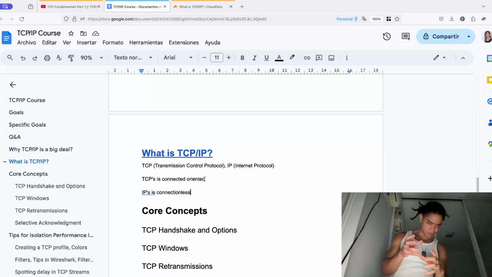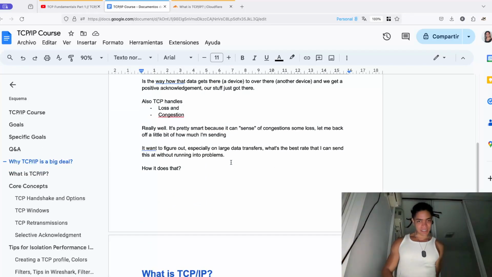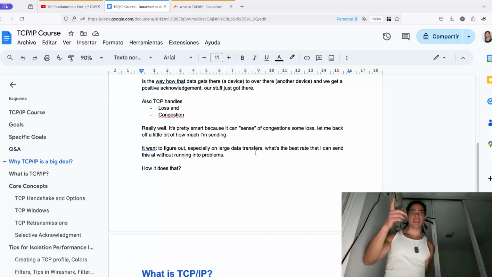So we're starting to develop our sense here of this particular protocol, TCP, which is connection oriented, and is quite smart especially on large data sets, because it is figuring out what is the best rate that I can send this at without running into problems.